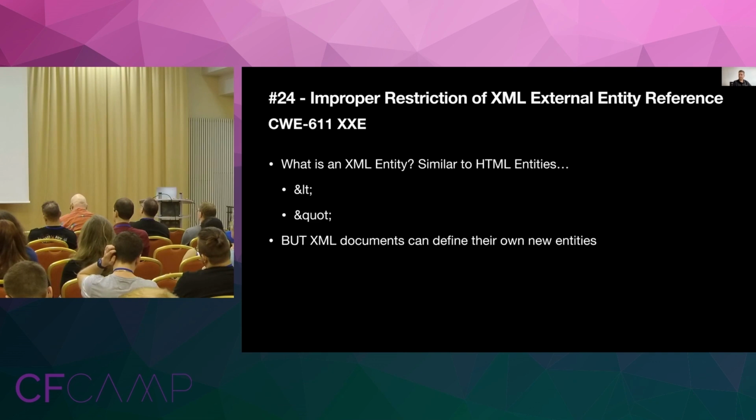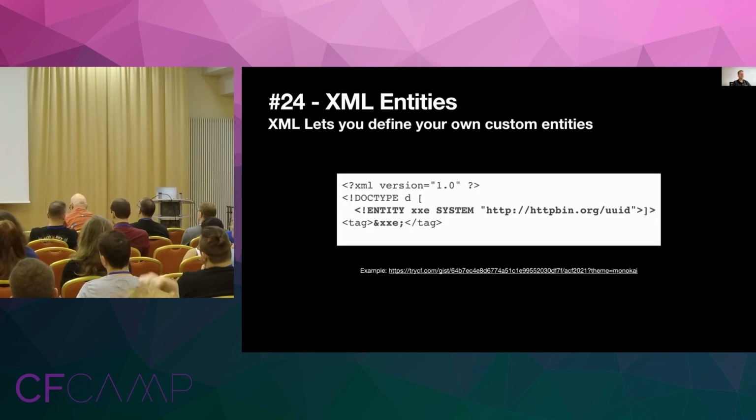XML works the same way, but XML also allows you to define your own entities. This is kind of a really strange feature, but the authors of XML, way back in the late 90s or early 2000s, decided that this would be a useful feature.